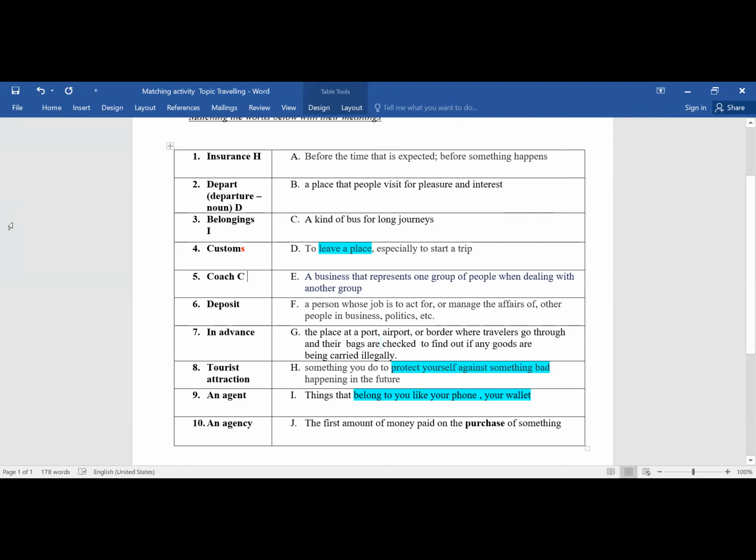Everybody, both coaches and buses are big and long, right? But buses usually travel inside a city. If you want to travel from one city to another city, you need to travel by coach because coaches are the means of transport for long journeys. For example, if you want to go from Hanoi to Haiphong, usually you will go by coach.